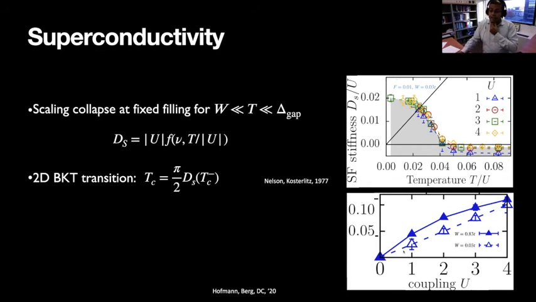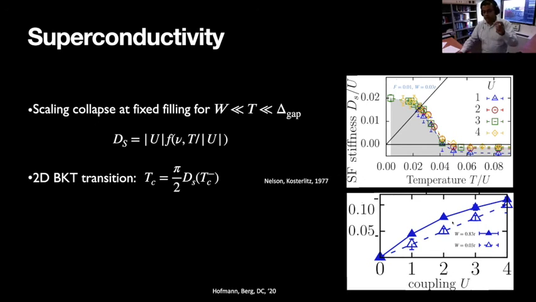So in fact, what I'm showing you here is, so this is the band that is flatter, and that almost shows perfect linear dependence between Tc and the coupling. And this one has a slightly larger bandwidth.